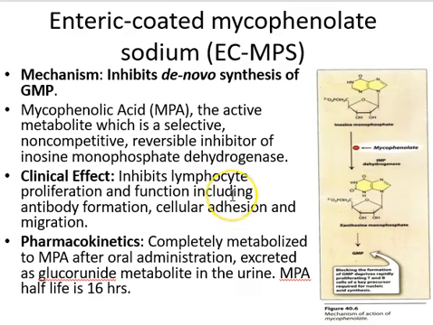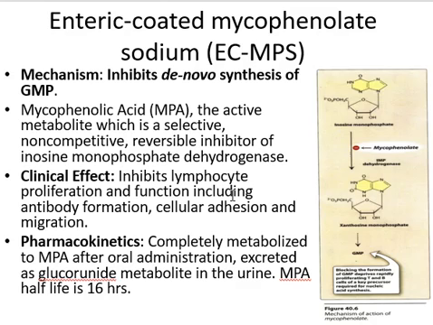What are we looking at? Well, what cells rapidly turn over the most? Lymphocytes. So a lot of these drugs have profound lymphocyte proliferation and growth inhibition. Through inhibiting lymphocyte activity, they also reduce antibody formation.